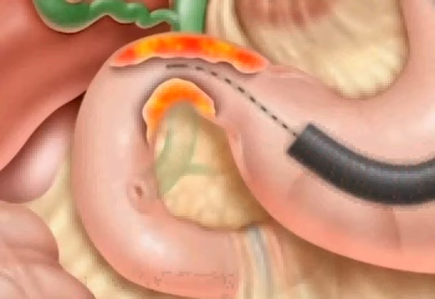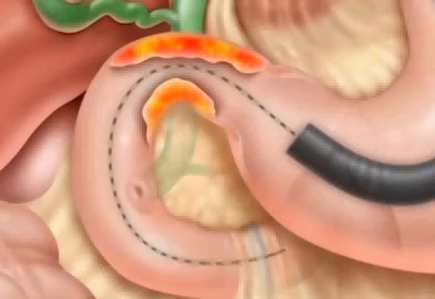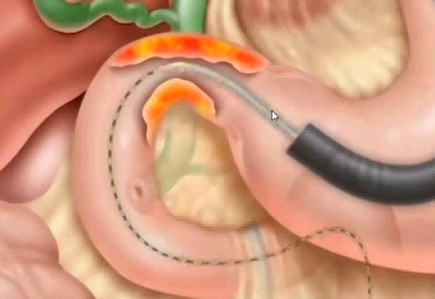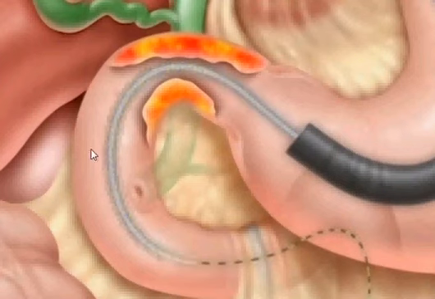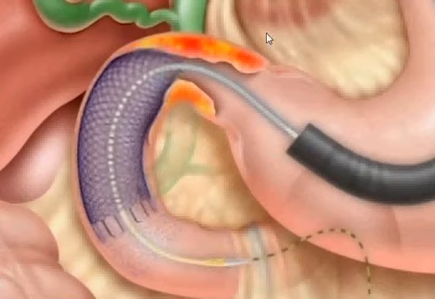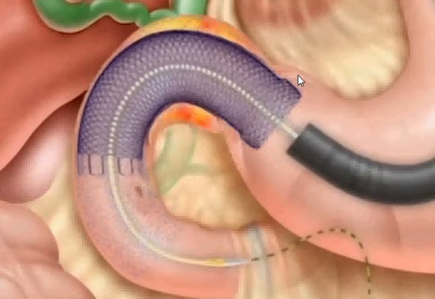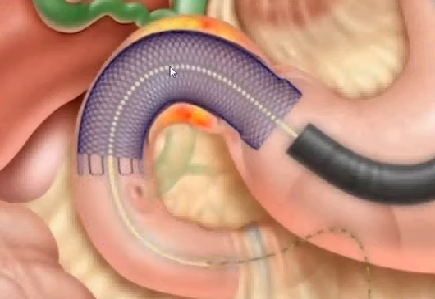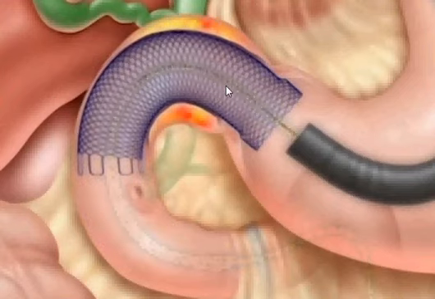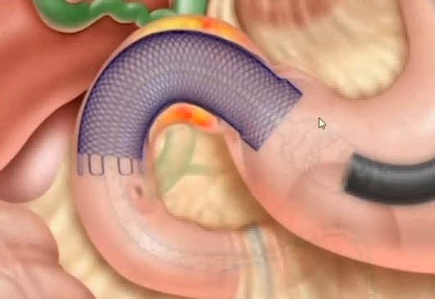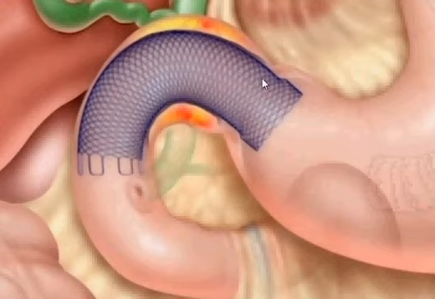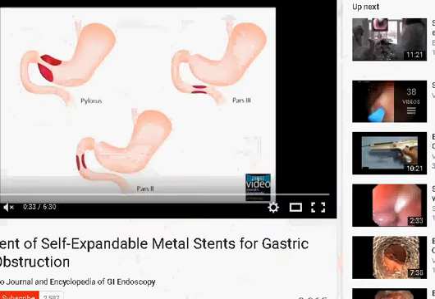A guide wire is inserted through this stenosis, along the stenosis, and after that the stent material, or this tube with the stent, is inserted. The endoscope is withdrawn, and we can use an x-ray to elaborate the area more. Okay, then the stent is expanded, and the guide wire and the endoscope are removed.